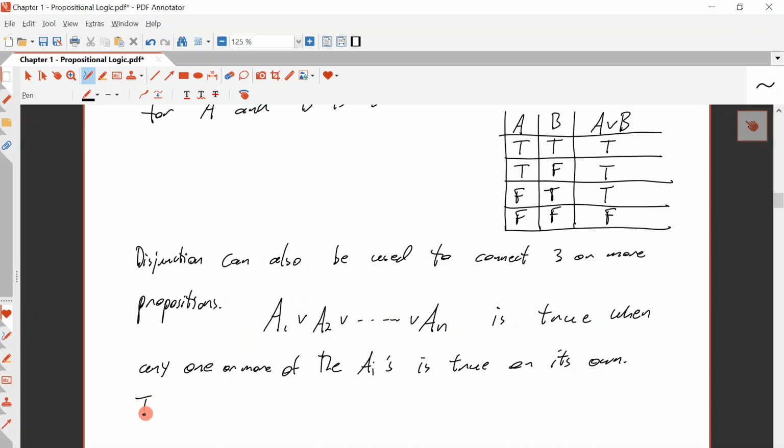It's false only when each AI is false on its own.